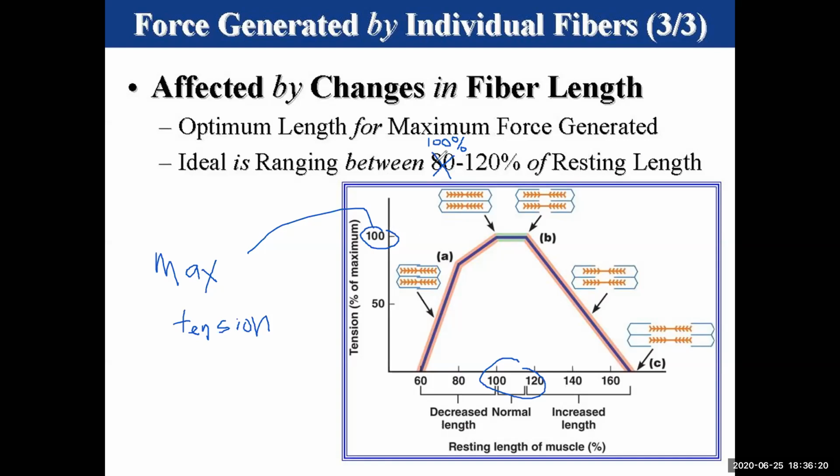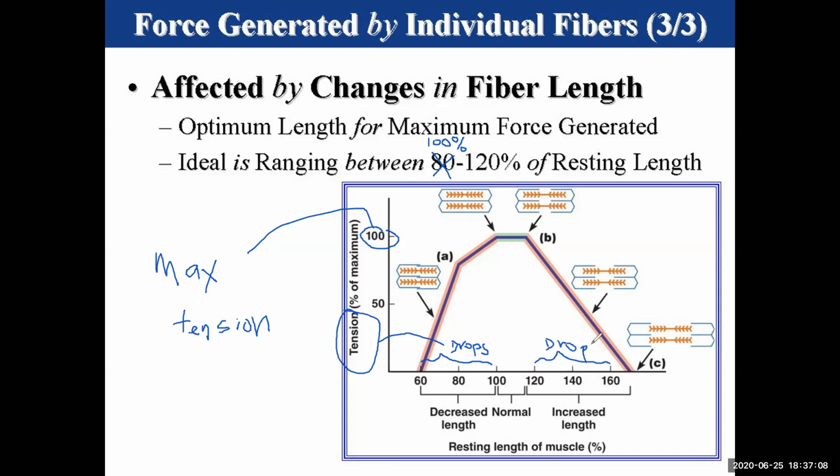If the resting length of that skeletal muscle fiber falls out of this window, 100 to 120, meaning if it's in this area, shorter than its resting length, or it's being overstretched more than 120, tension drops, and drops quickly.